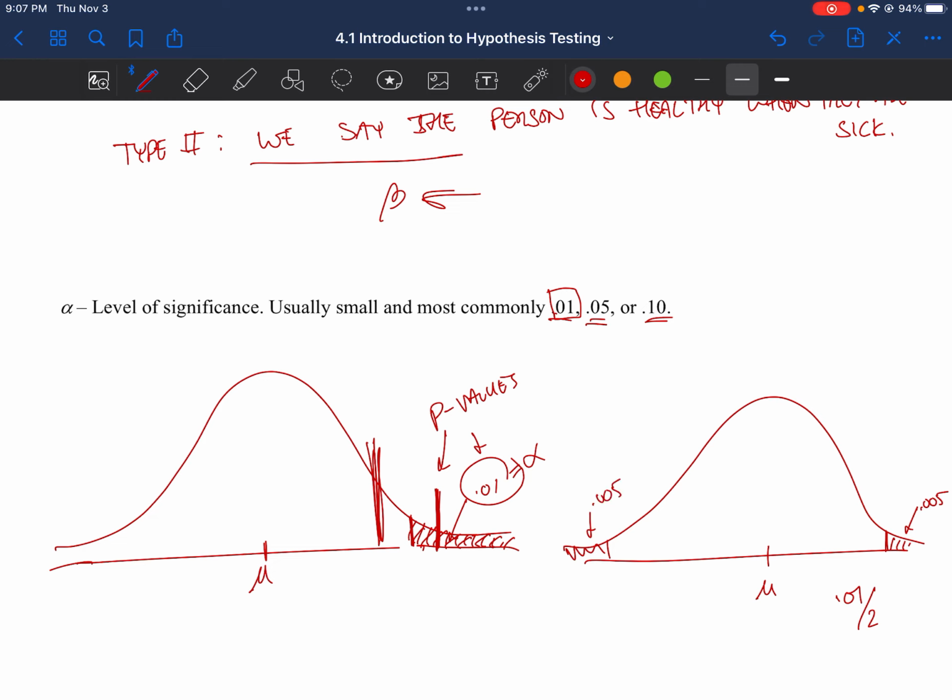And now we're looking for a p-value that's somewhere along this curve. If it ends up in either of these regions, then we reject the null hypothesis. If it ends up in any of this area here, then we fail to reject the null hypothesis. It doesn't mean that we think the null hypothesis is true. It's just we're not going to reject it.